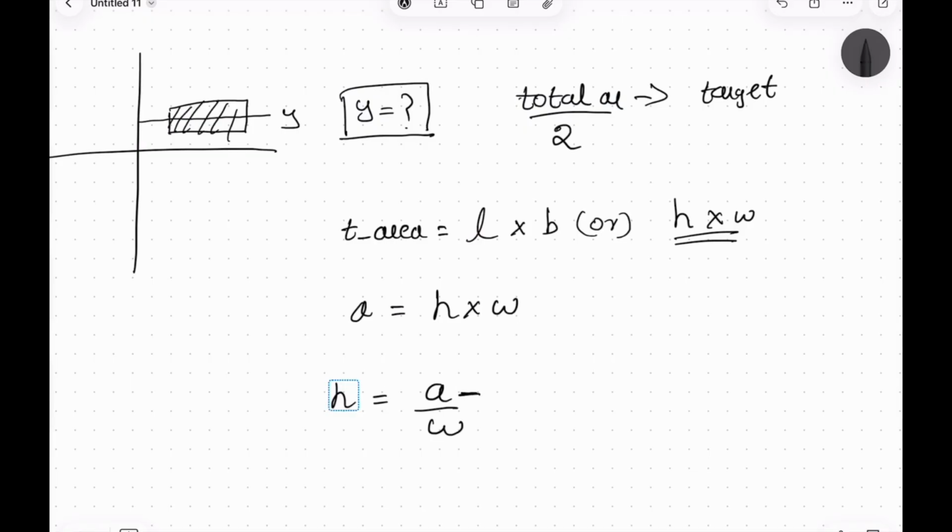So what exactly is this area? Since the line is cutting that particular shape or square, this area will be the target area minus the cutting area.